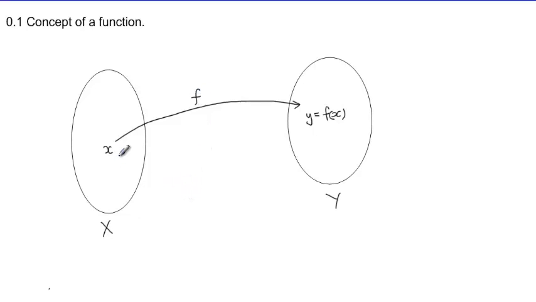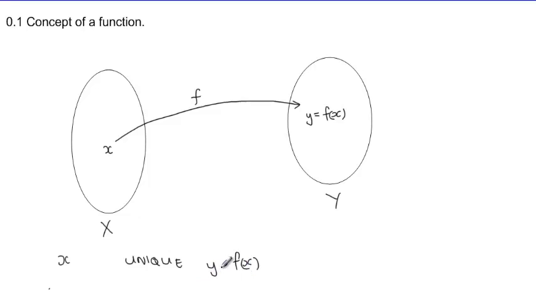We would say such an assignment is a function if, when given a value of x in the set x, which we call the domain of the function, we can assign a unique value, only one value y in the set y, which we call the value of the function f of x.